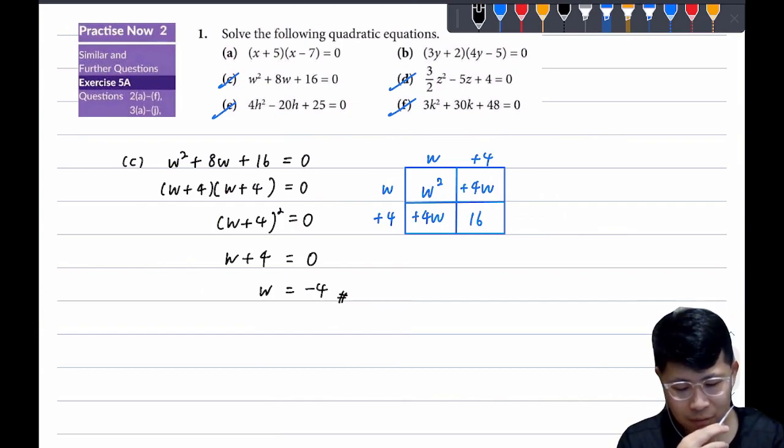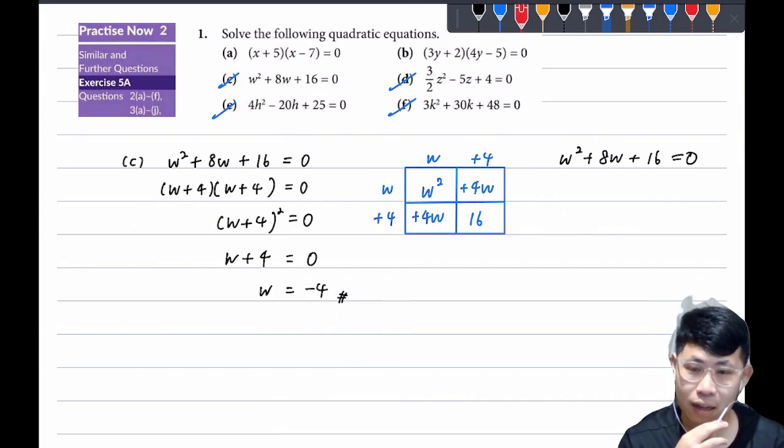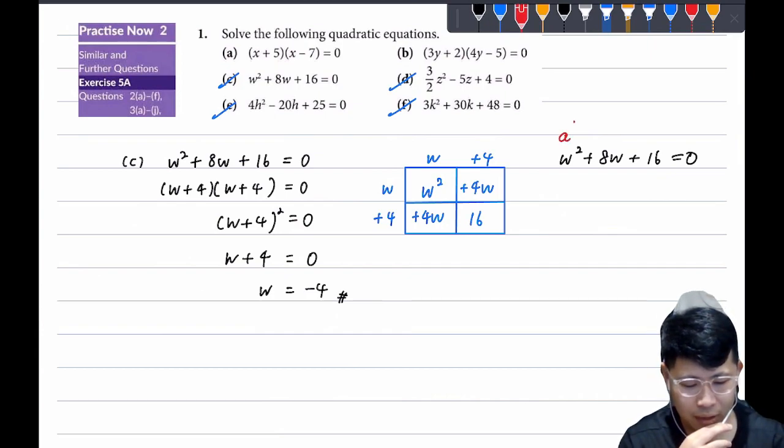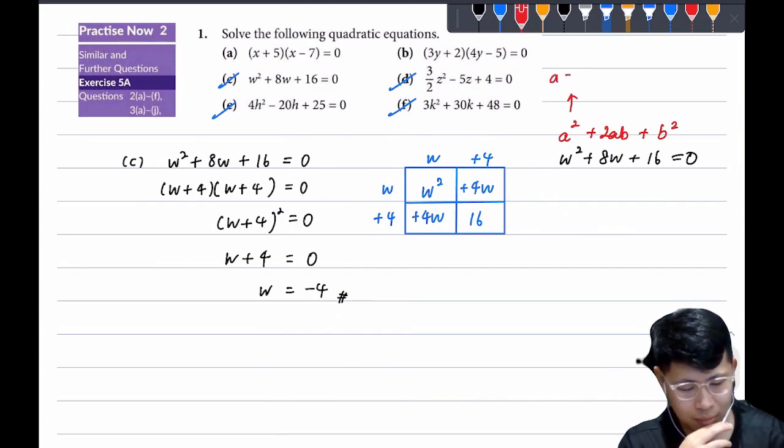Now the alternative method to do this is you observe this. This is already in a nice form where we have a squared plus 2ab plus b squared. Now a is our w, correct? Let's double check. Now b is 4.